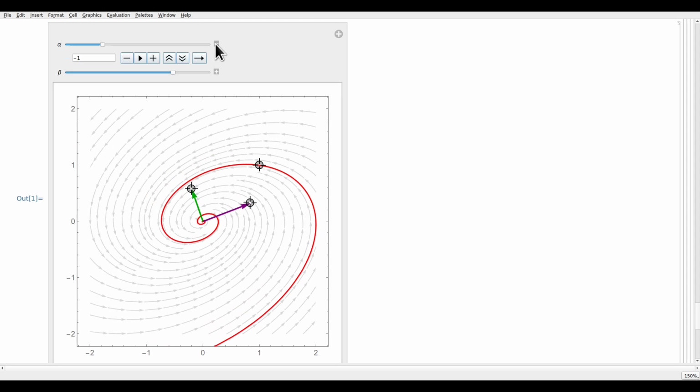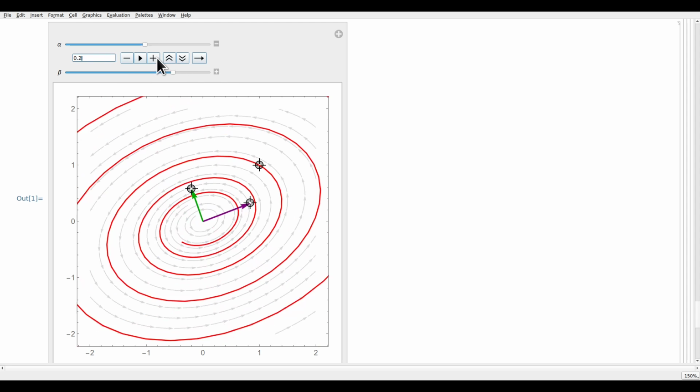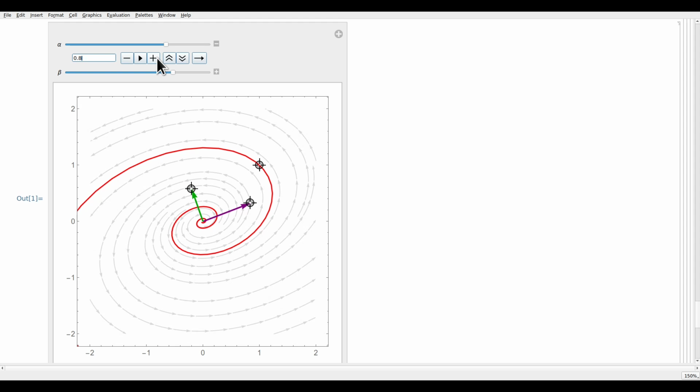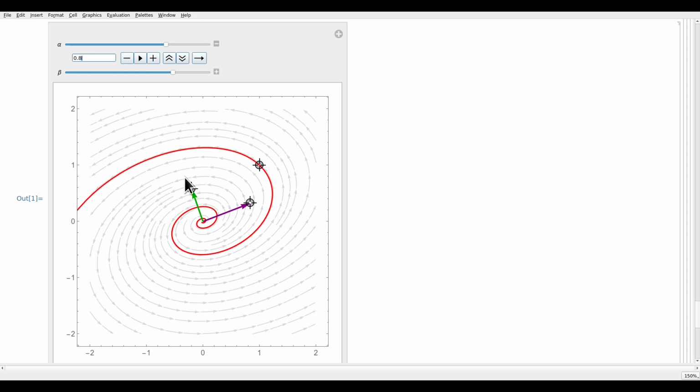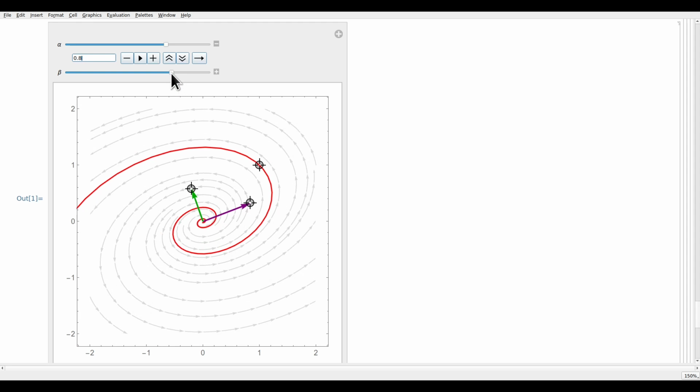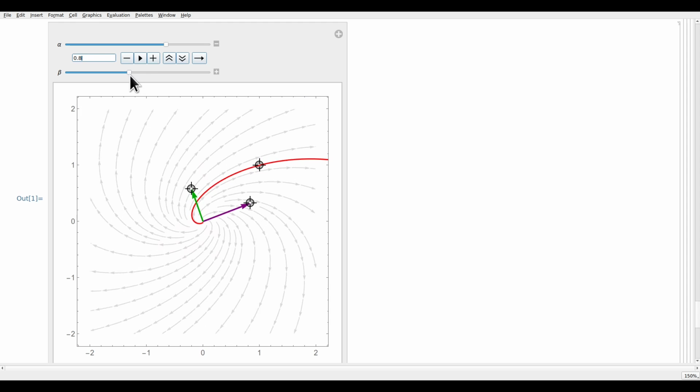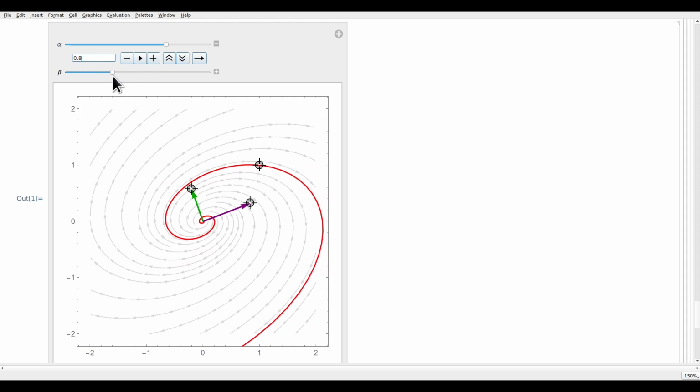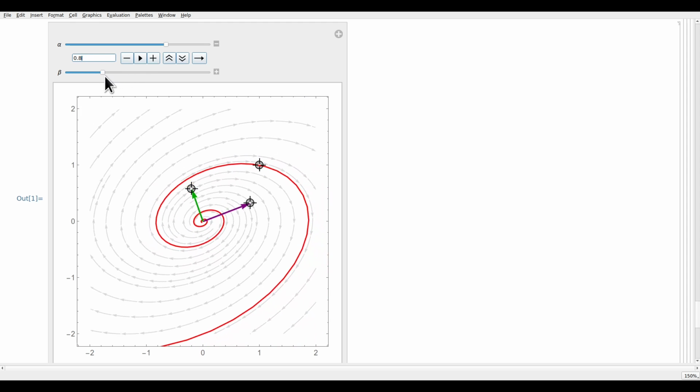I'm using alpha less than 0. If I increase this to where alpha is now positive, the difference is that the solutions are spiraling outward, whereas with alpha negative they were spiraling inward. For beta, changing beta around basically changes the direction of the spiral.